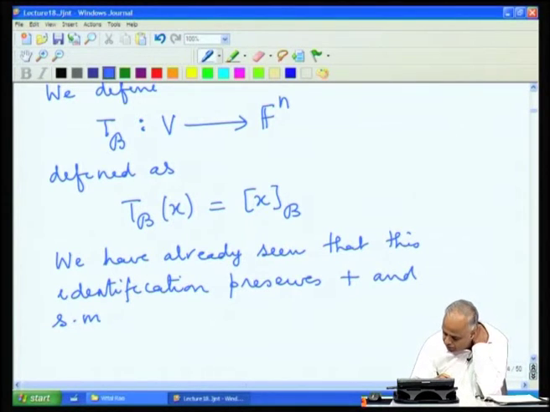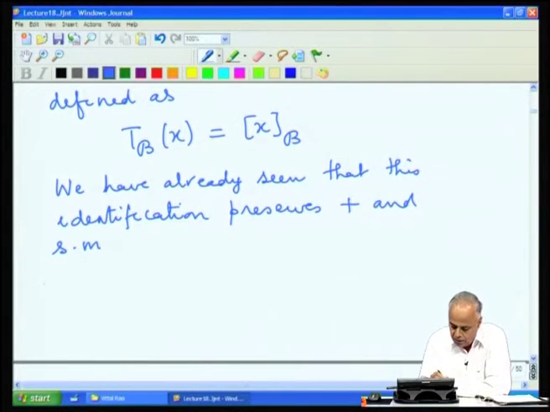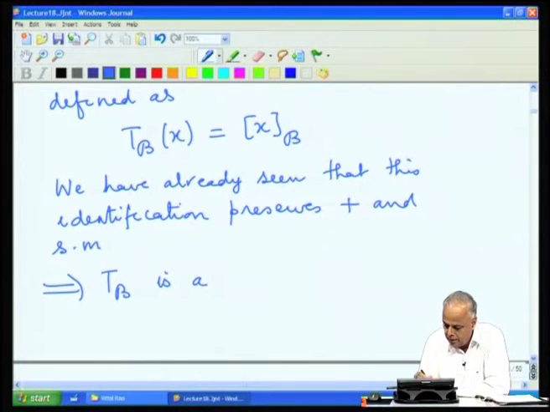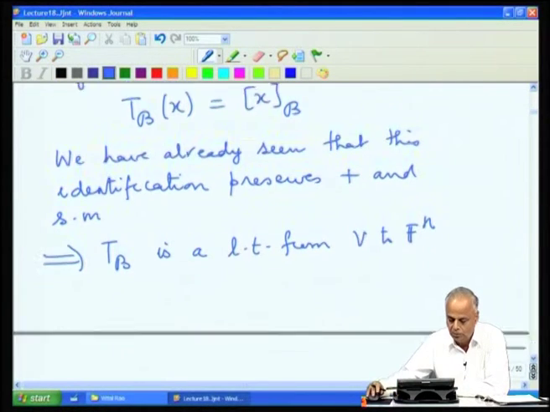So, this preserves addition and scalar multiplication, and therefore, it is a linear transform. The moment it preserves addition and scalar multiplication, it qualifies to be called a linear transformation. That implies TB is a linear transformation from V to Fn. Therefore, the moment you start with an ordered basis B, it automatically generates a linear transformation from V to Fn.